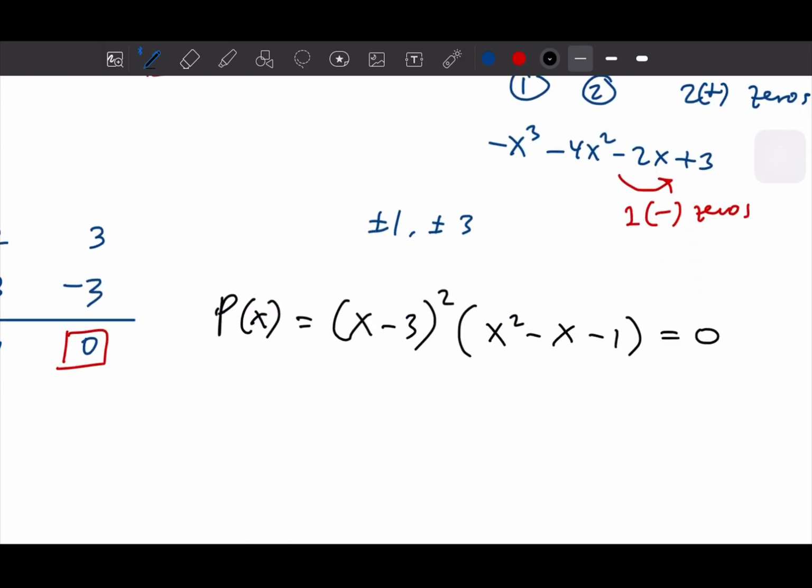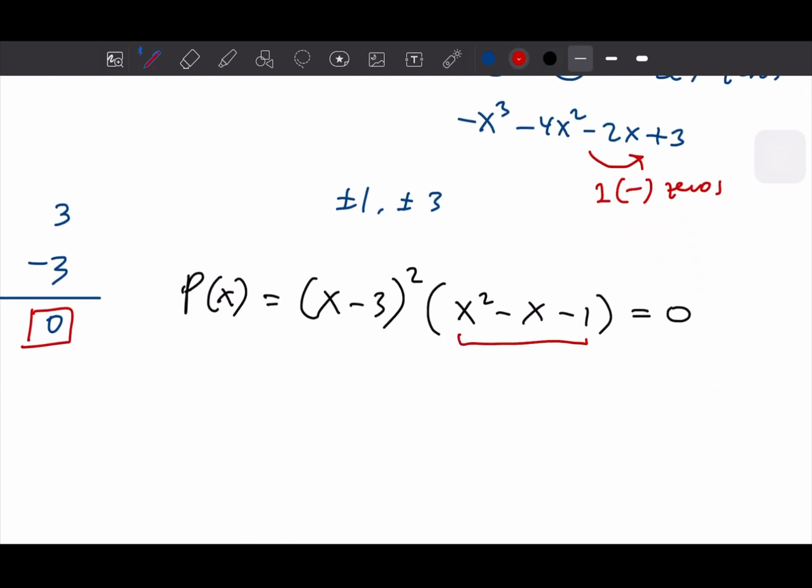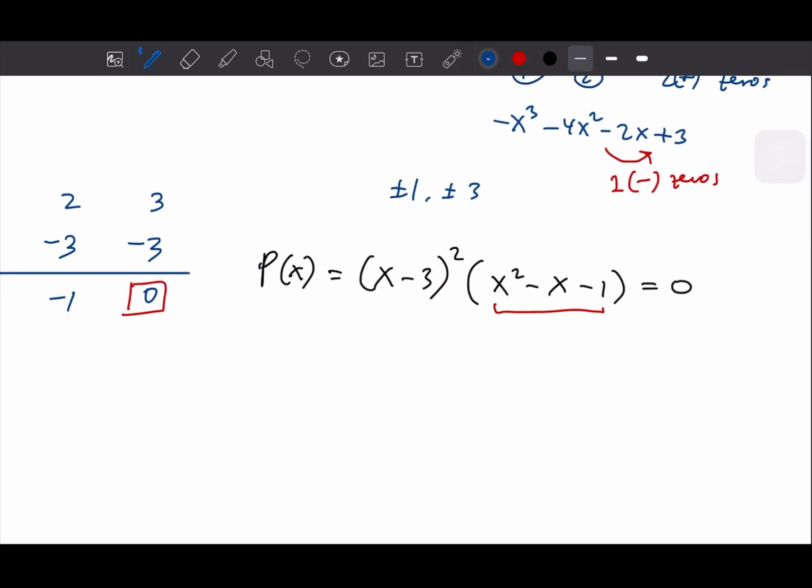And we could find this through our quadratic formula if you would like. So x1,2 is equal to minus minus 1, so plus 1, plus minus the square root of 1 minus 4 times minus 1, divided by 2, right?